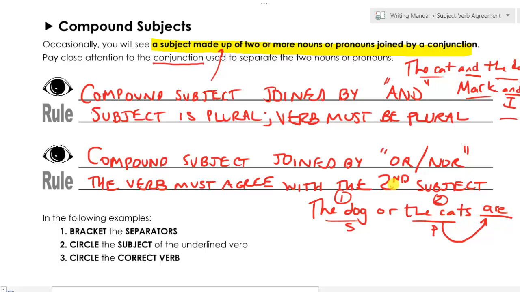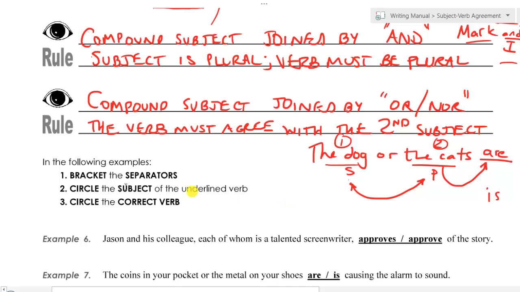So, the dog or the cats are. Now, if these two subjects were flipped and the sentence became the cats or the dog, then it would be the cats or the dog is. Since the dog would be the second subject and the dog is singular, we would then need a singular verb.